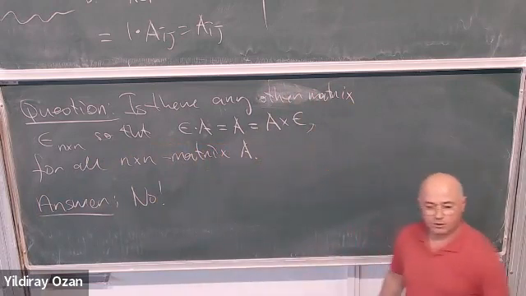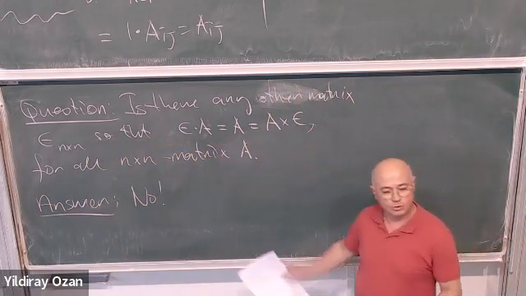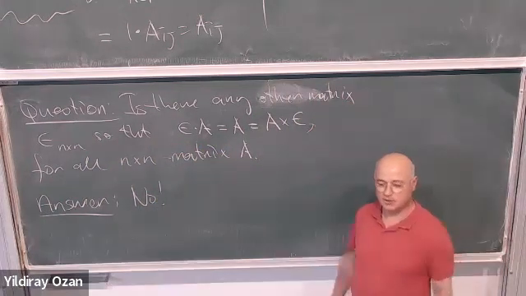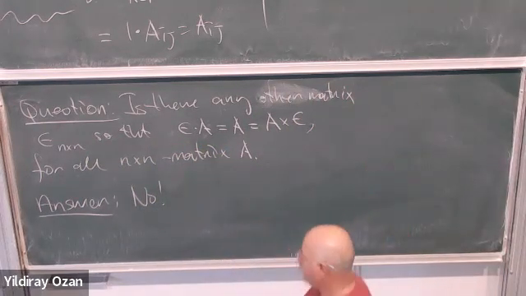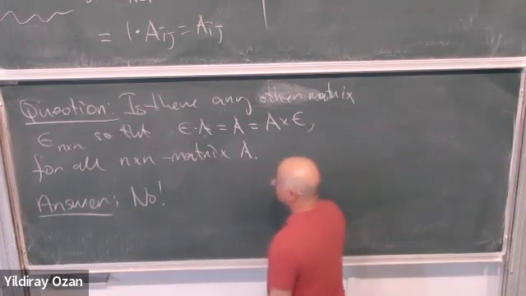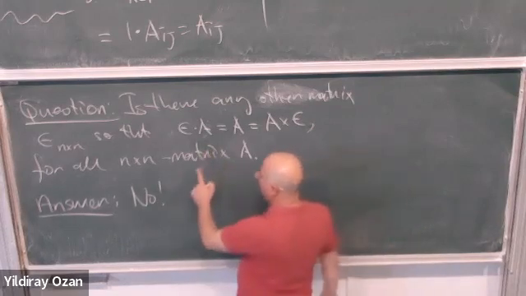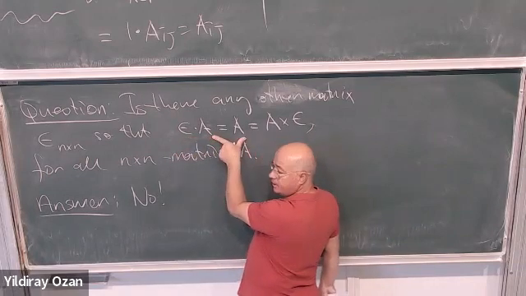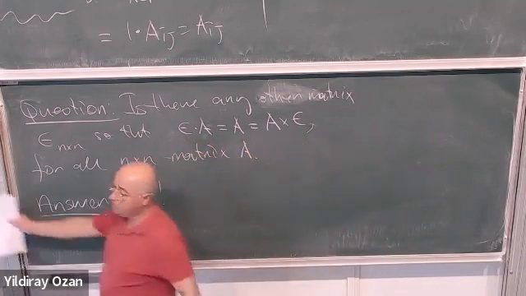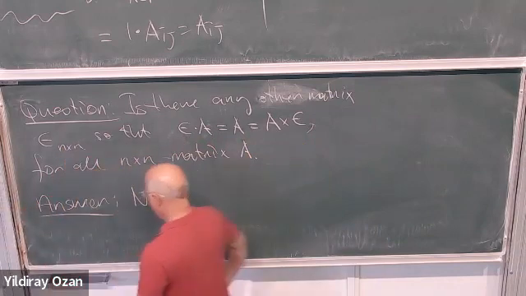But one should prove this, right? Just the professor saying there is no other is not enough. One should prove this. So one must show that if there is an epsilon satisfying this, then this epsilon is nothing but this matrix. Proof.